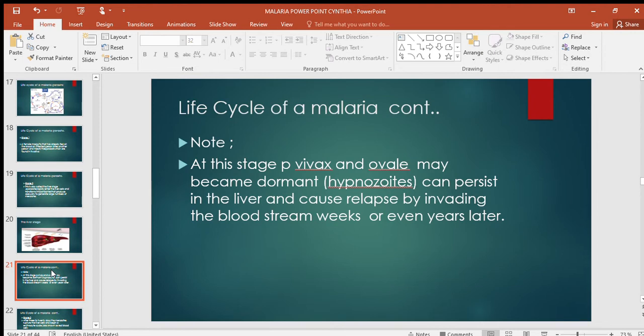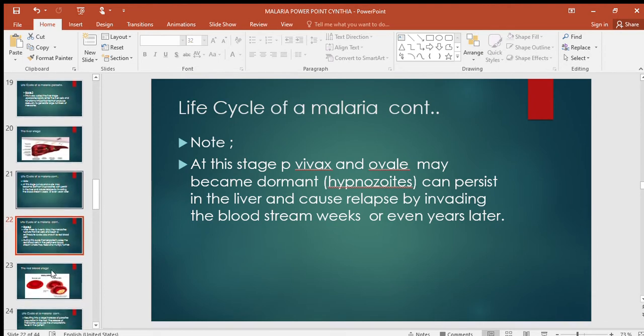Then after some time, the person will have a relapse and become sick with the malaria. It is important to remember that.